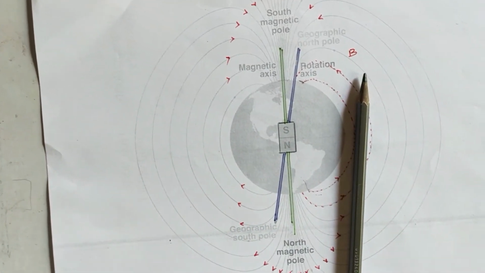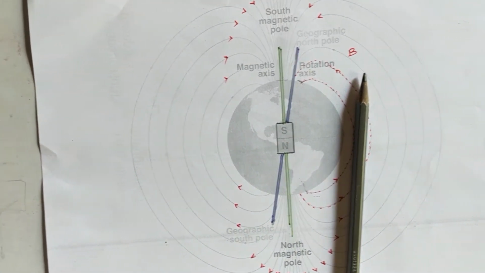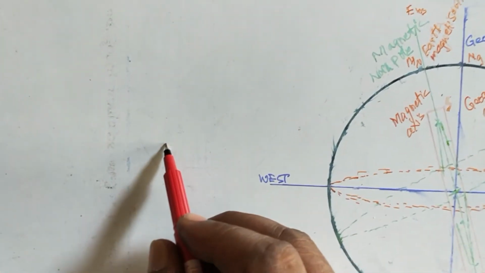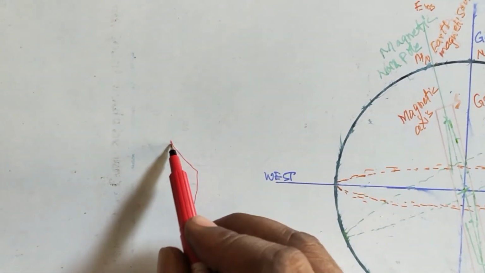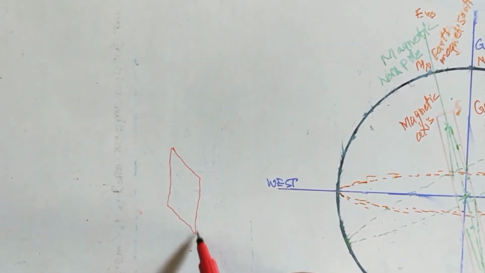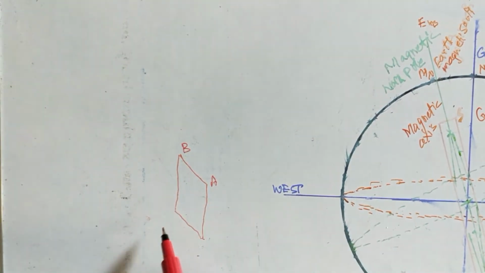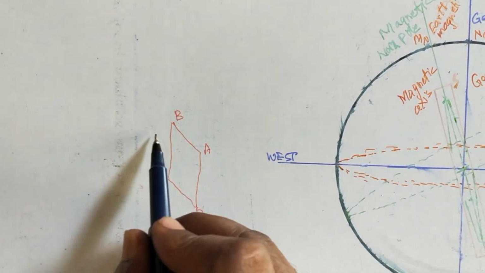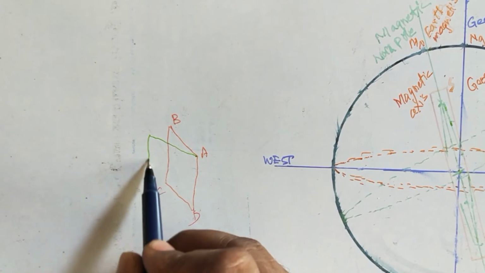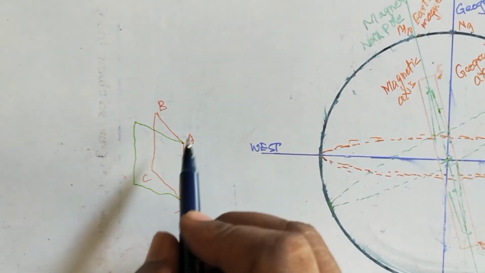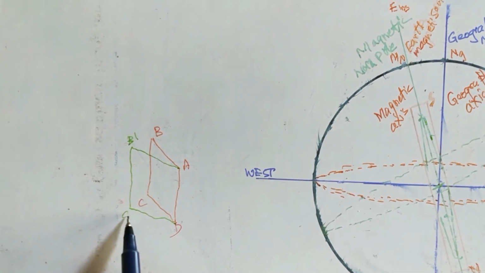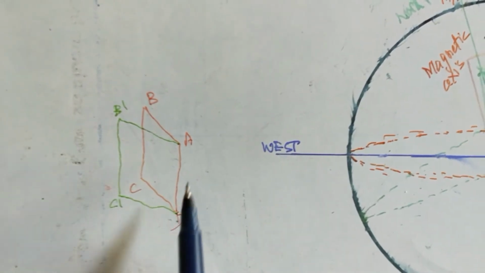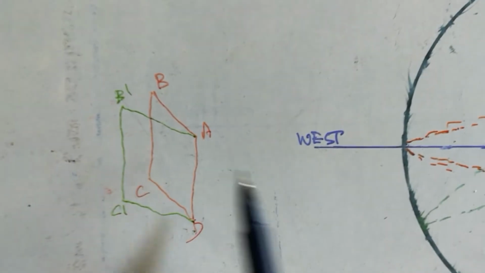You see here, I will draw this geographic meridian. This is the geographic meridian, which earlier I showed as A, B, C, D. Now this is the magnetic meridian, I am going to draw it here: A, B dash, C dash, D. The green one that I have drawn is the magnetic meridian and the orange one is the geographic meridian.